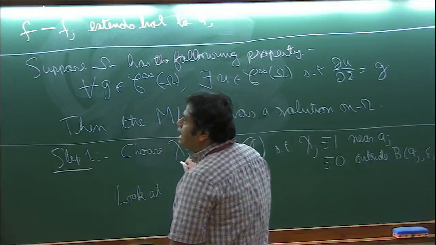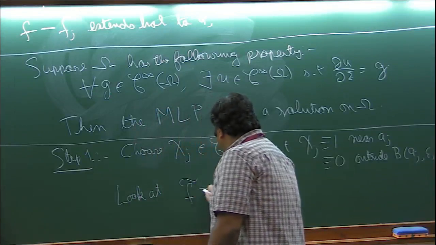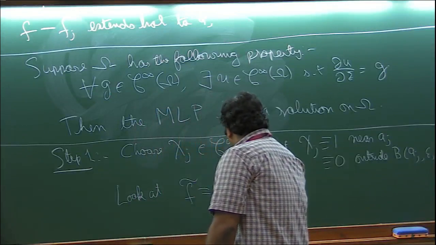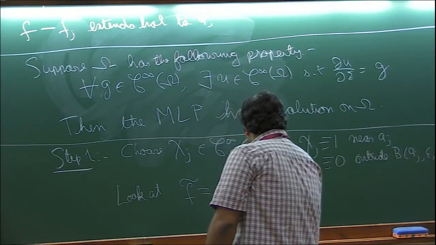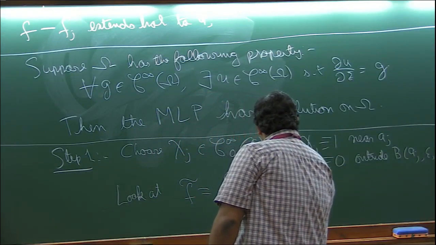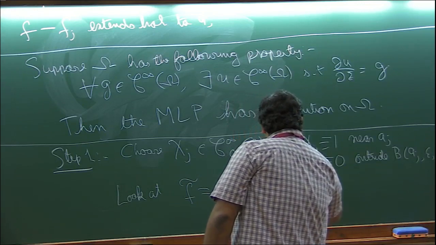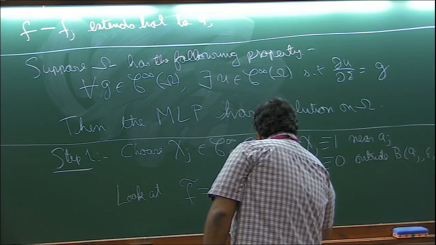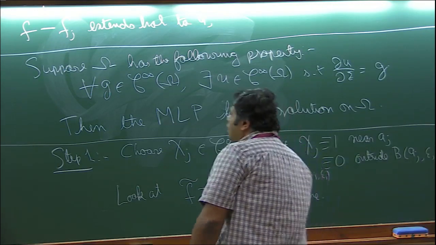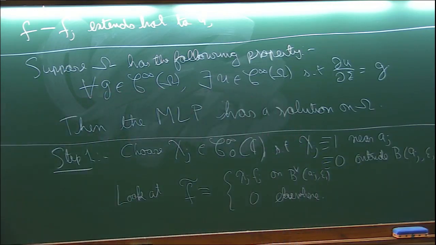The function, I need a name for it, let's call it f tilde, which is equal to chi j times fj on the punctured neighborhood of aj of radius epsilon j and 0 elsewhere. So this is sort of like a quick-fix solution of the problem. So what have we done here?